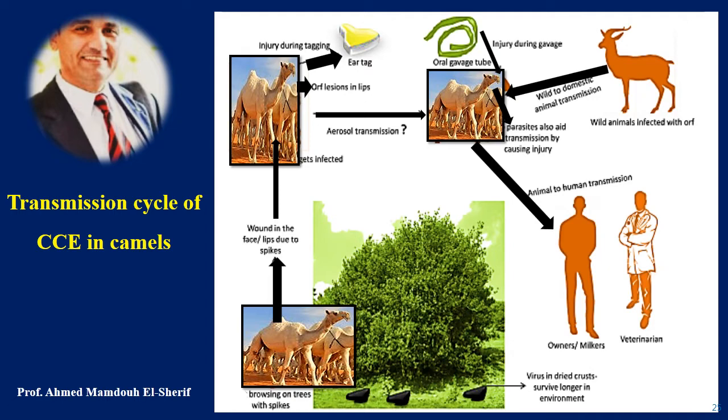Camels browse on trees with spikes, and the virus in dried crusts survives longer in the environment, so these trees cause wounds in the face and lips due to spikes, so the virus is transmitted to camels. Then, injury during tagging, ear tags, or lesions in lips would be seen. Then from camel to camel through aerosol transmission.